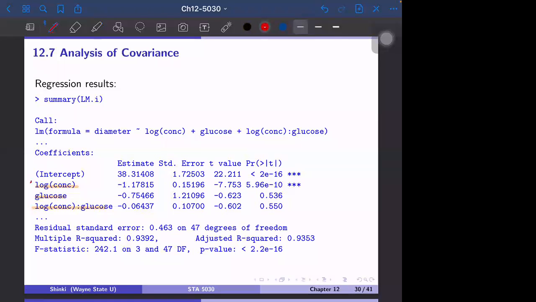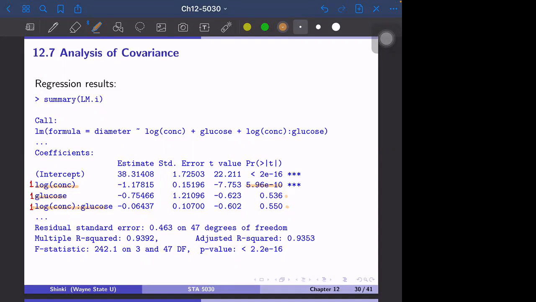So we only have 1 parameter for log of concentration, 1 parameter for glucose, and 1 parameter for interaction. And you can see that the log of concentration is very significant with p-value 5.9 times 10 to the power negative 10. And the other two are actually insignificant in this model.